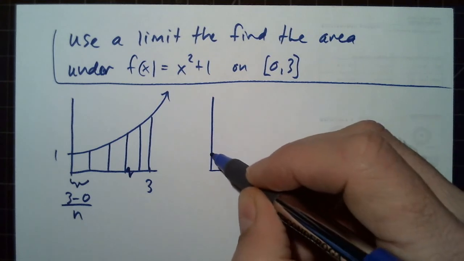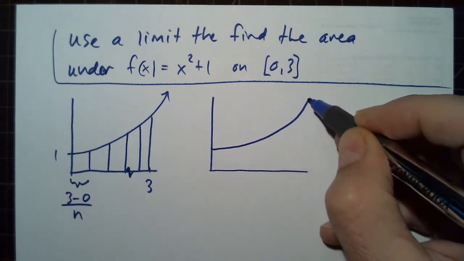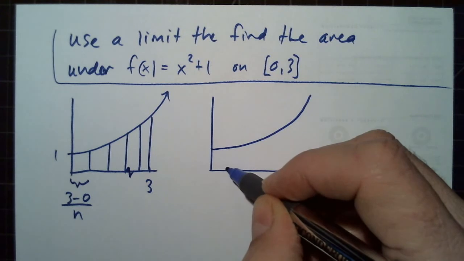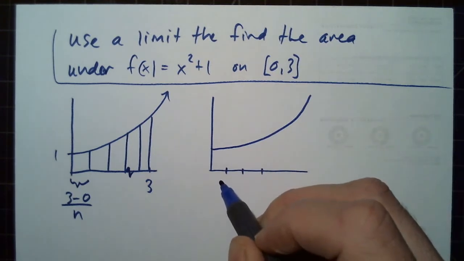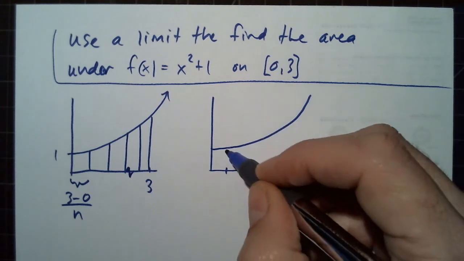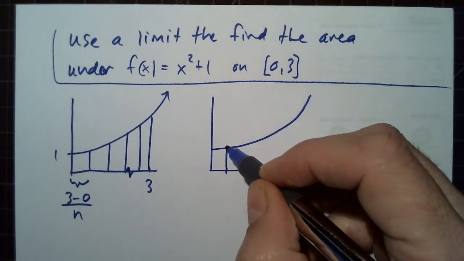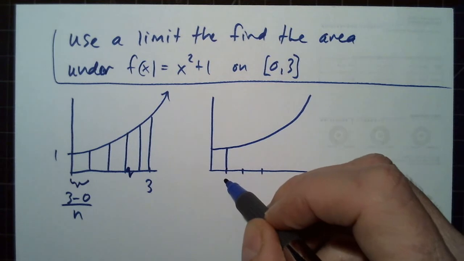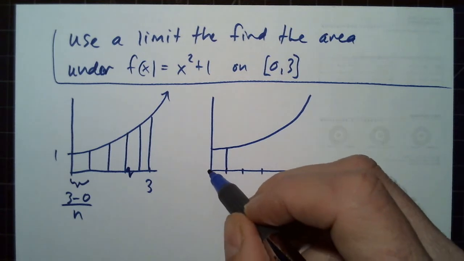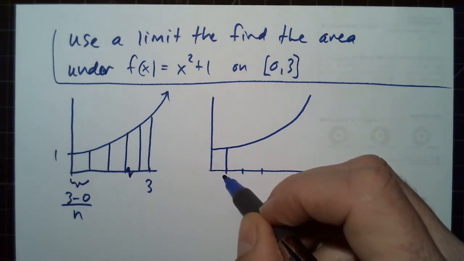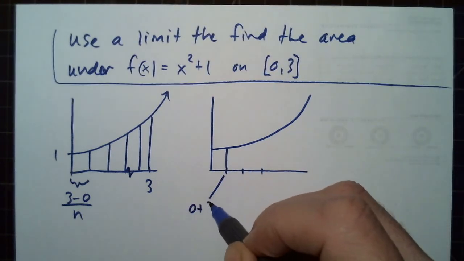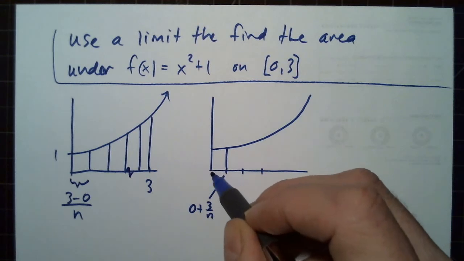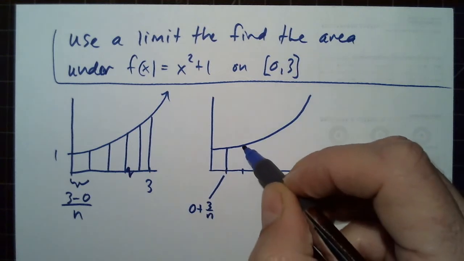Now let's think about what each x value is going to be. So we can just use right-hand rectangles. It won't matter because we're going to have infinite rectangles. So there's 0, and then this x value is 0 plus 3 over n because the width of the rectangle is 3 over n.